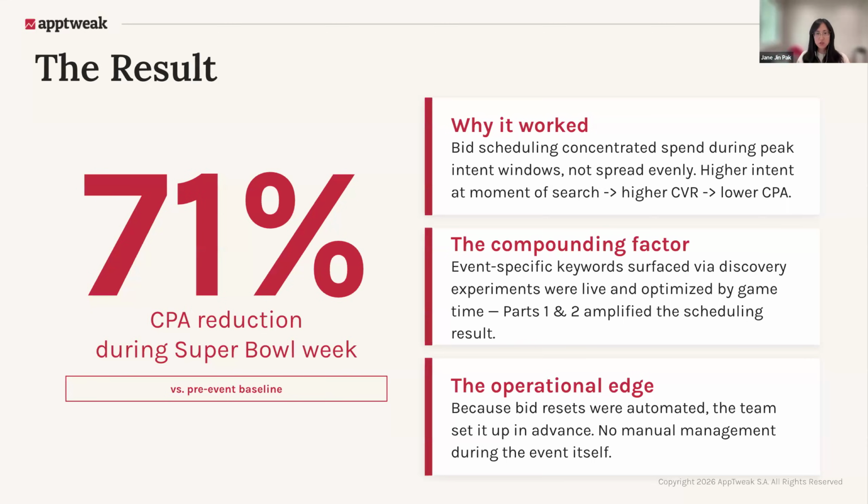Not just budget, not just bids, but when to concentrate those bid and budget increases and decreases. We were also leveraging custom automations to figure out which keywords are going to be the most profitable for us, which keyword is resulting in the specific custom event that we're optimizing towards. And this all compounds on top of each other.